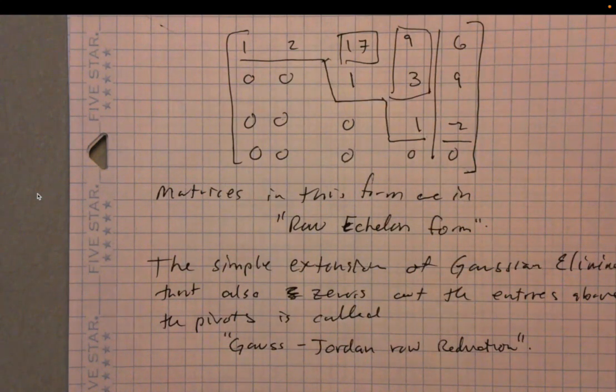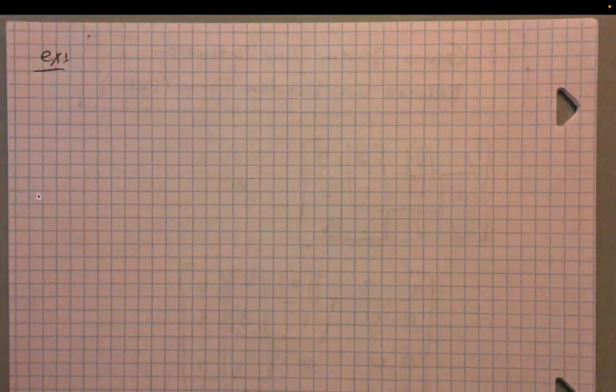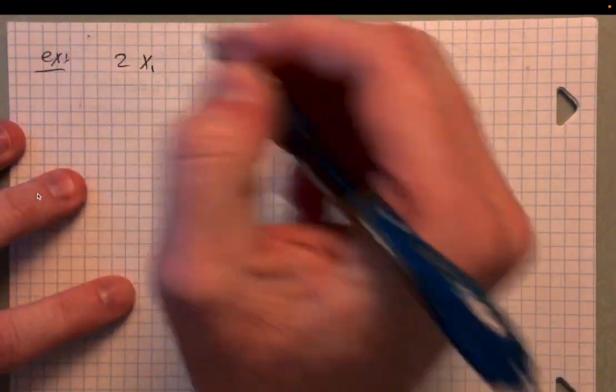Okay, so let's do an example using Gauss-Jordan elimination. Let's work it end to end here and make sure this is clear. Given the following system, let's go ahead and use Gauss-Jordan elimination. I'm going to write the system out because we'll come back and actually solve it.